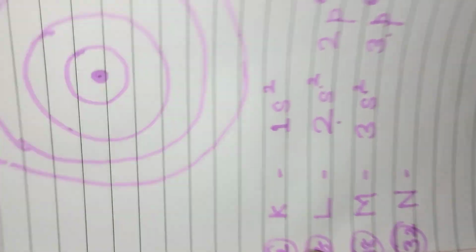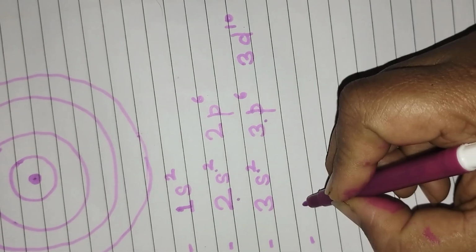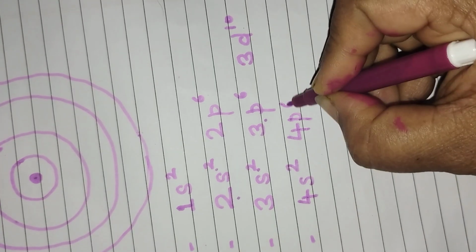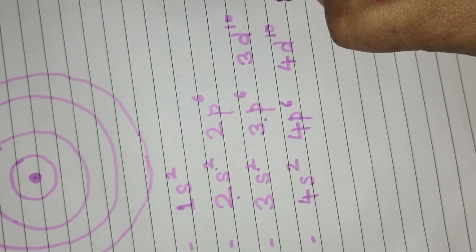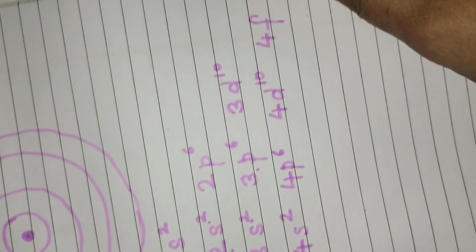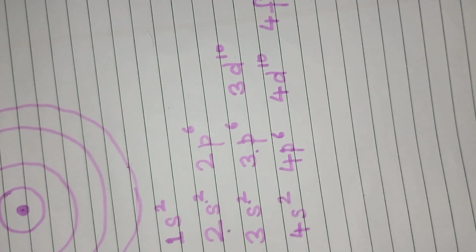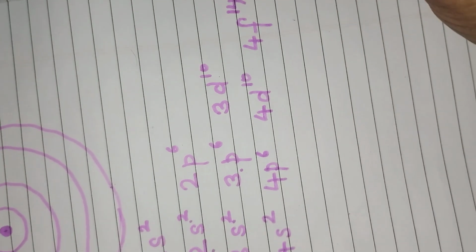So finally the N shell will have an f orbital also, which will be 4s2, 4p6 and 4d10 and 4f14. So there will be a 4f14 also coming into the role here.